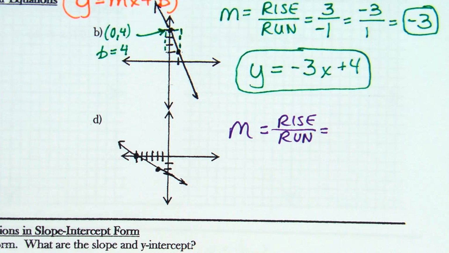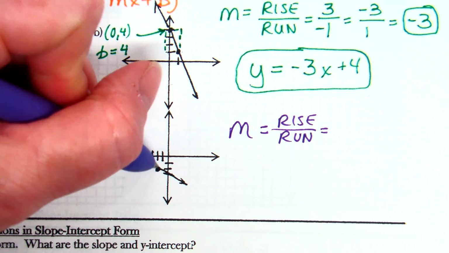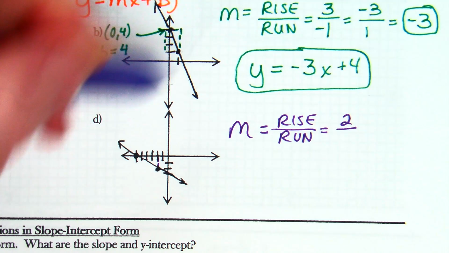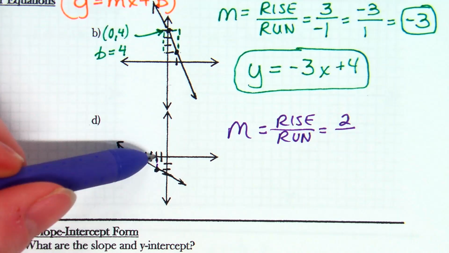Okay, what are you thinking on this rise business? She says -2. I say +2. That's fine. I personally am going to say +2, then I'm going to go up 2. If I say +2 and go up 2, then where am I going for run?